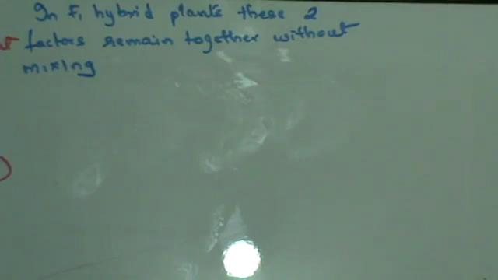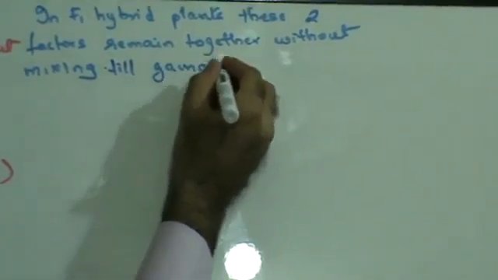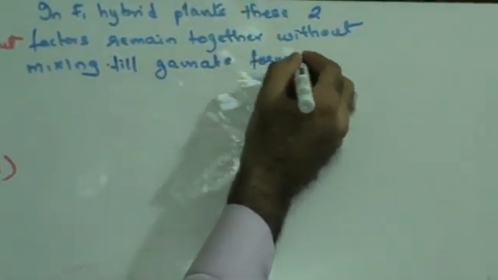Right? The two factors would remain without mixing till gamete formation. So that was the first point of the law of segregation, that the two factors would remain together without mixing, right, and they would separate out during the gamete formation.